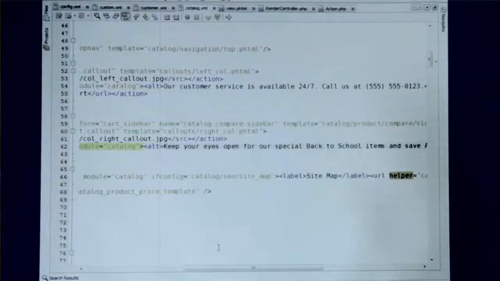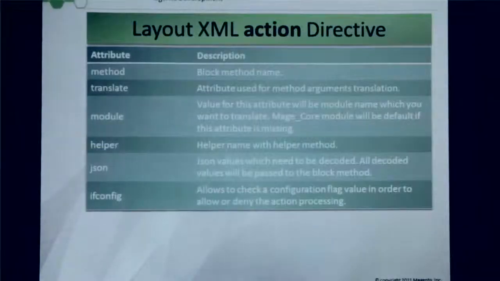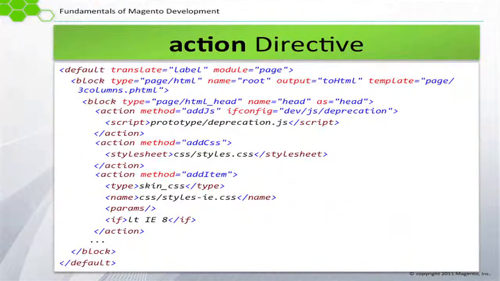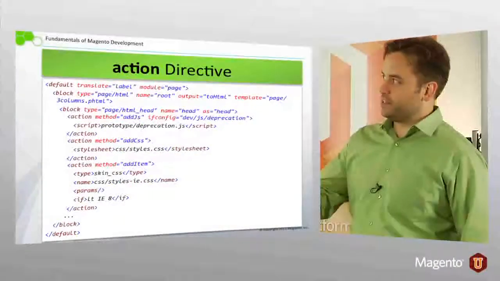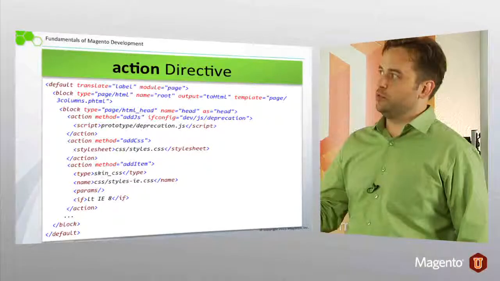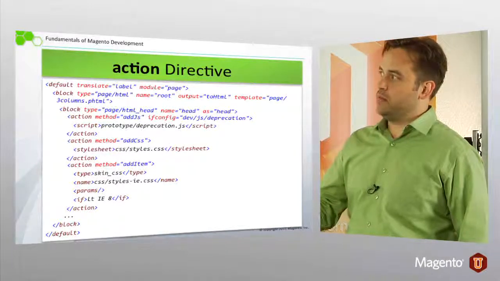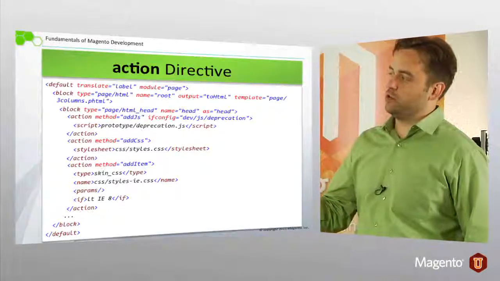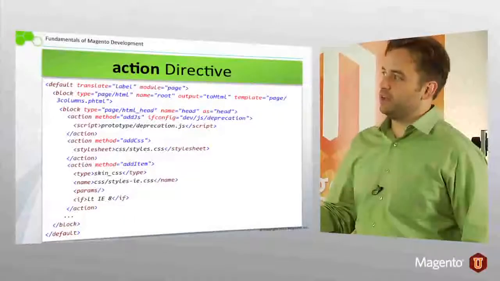If it's not true, we won't do it. So here's some example use of action. You can set up the prototype deprecation log or deprecation functions, and if that's configured, include this. But basically only do this if this returns true. And here we're adding in some other stuff.